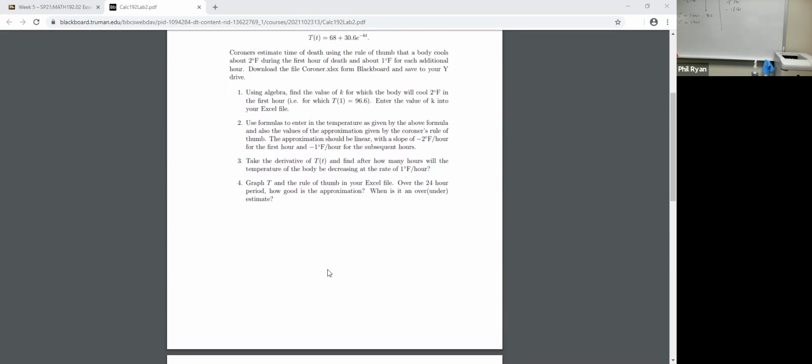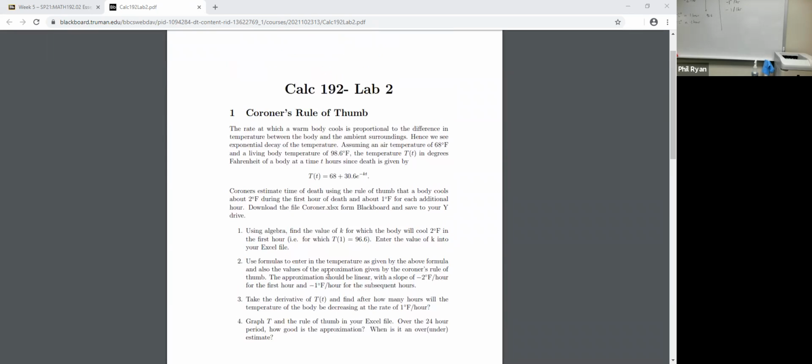So let's take the derivative of T and find out when it is actually moving at minus 1 degree per hour. So if our T equals 68 plus 30.6 e to the minus kt, what is the derivative of T equal to?